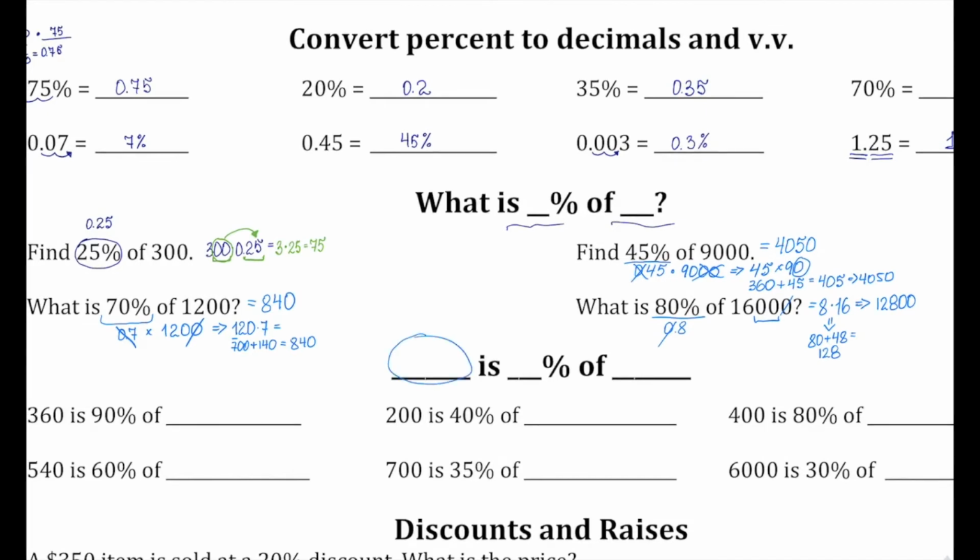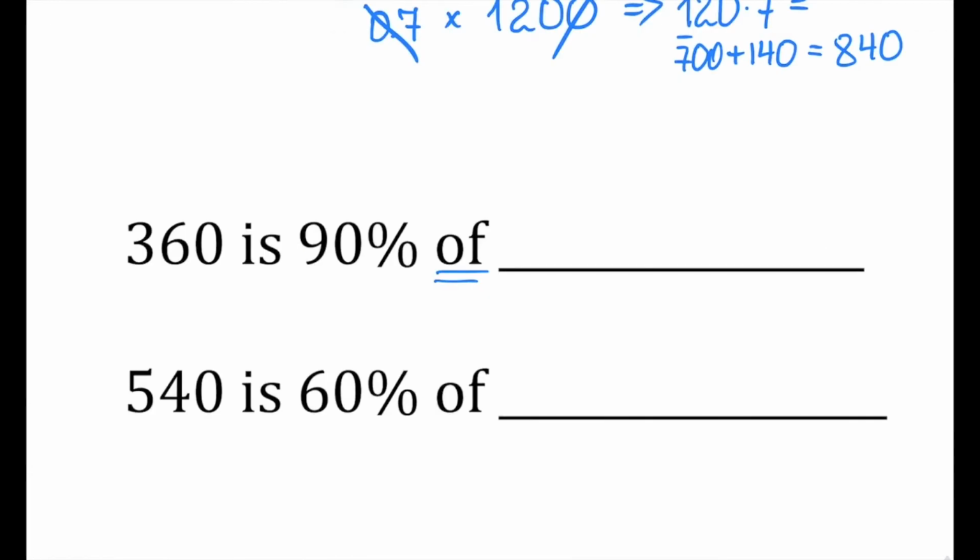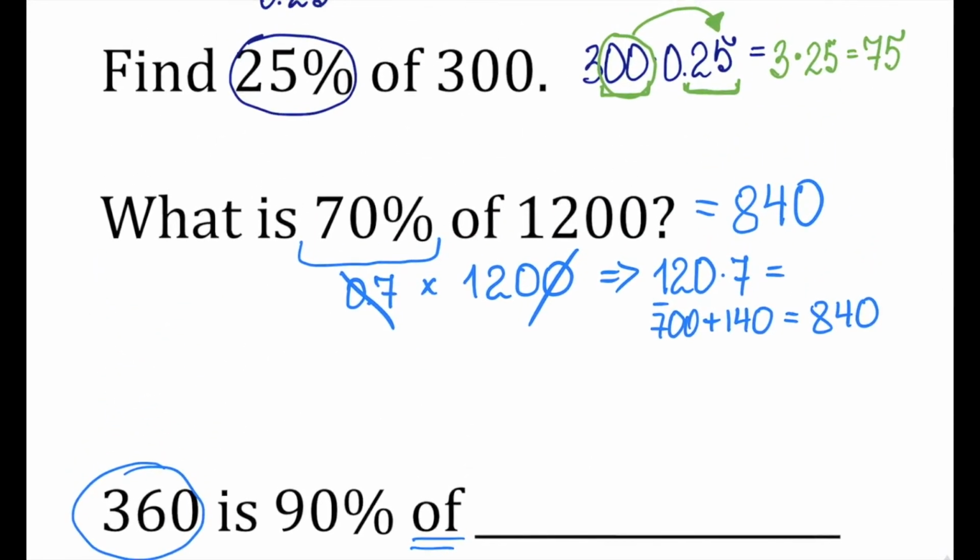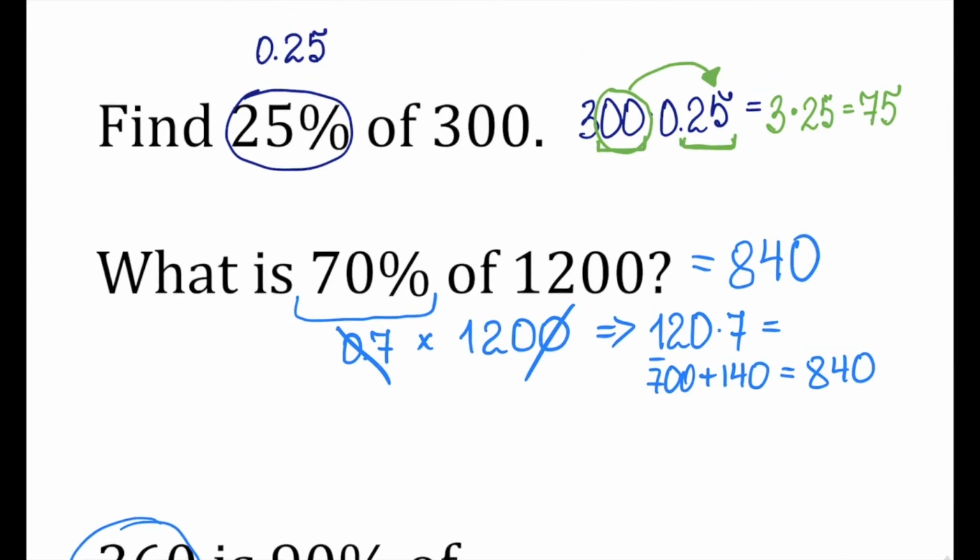Now, a certain number is a certain amount of percent of another number, if that makes sense. So I know that 360 is 90% of some kind of number. How do I find what that original number was? Well, think about what we just did. Here, we were finding 25% of 300, and what we did, we took the 300 and multiplied by the decimal representation of 25%. So we did 300 times 0.25.